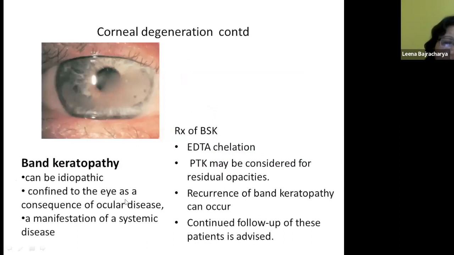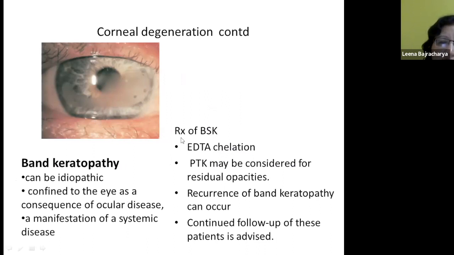Band keratopathy is also a common entity in our clinic. It can be idiopathic or secondary to ocular disease or systemic association. It starts from the temporal and nasal side, and as it progresses, it may affect vision.